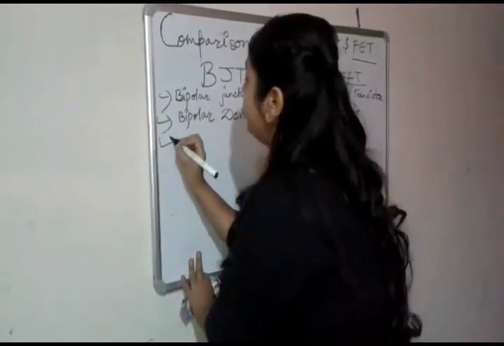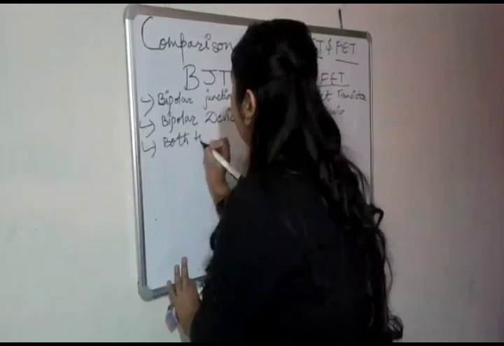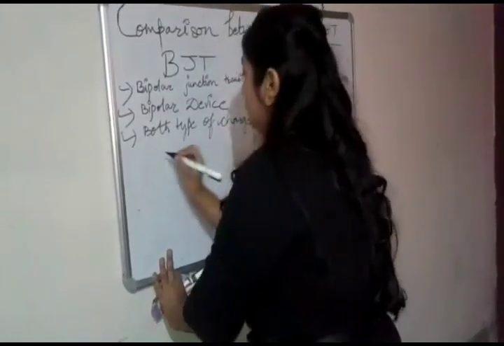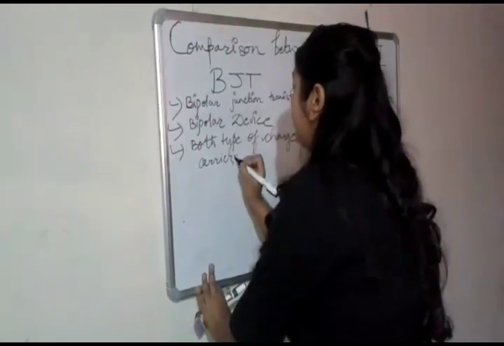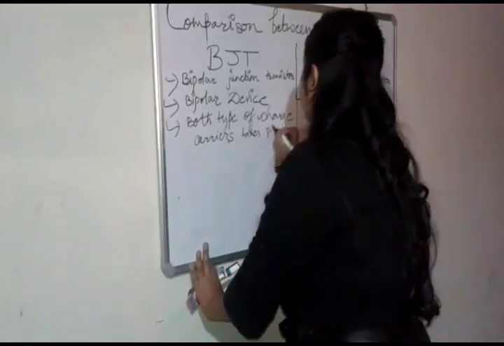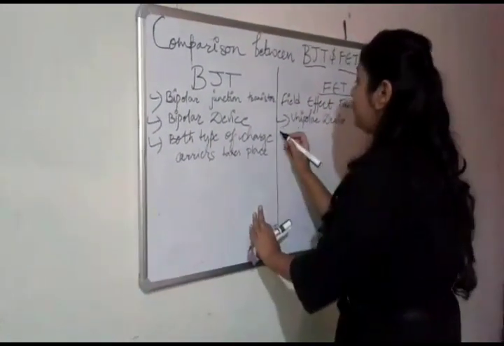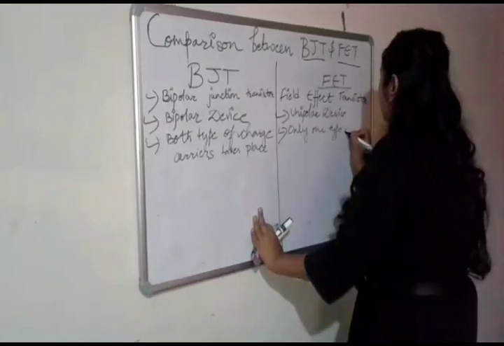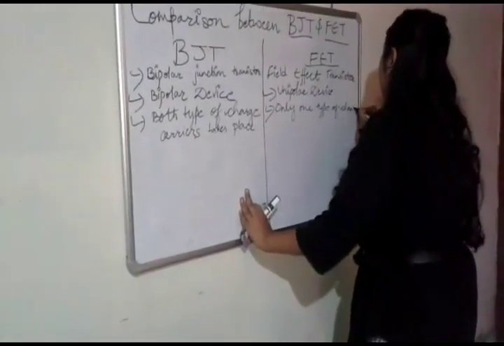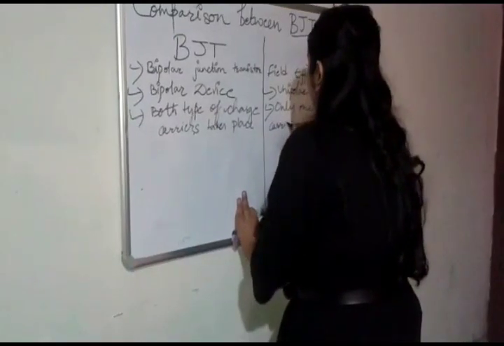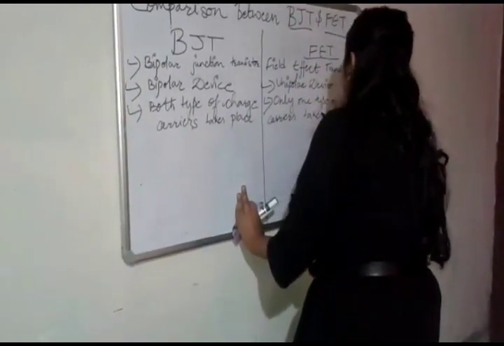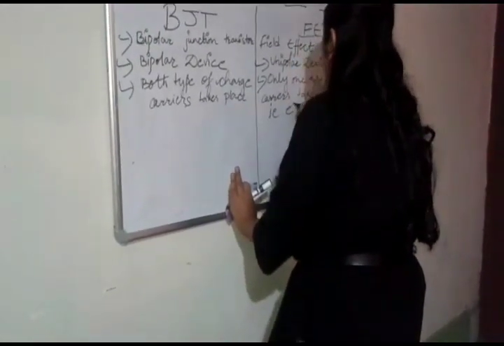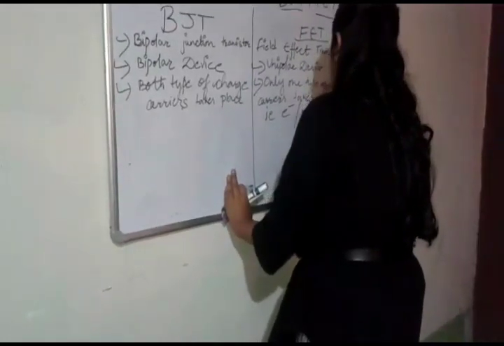In BJT, both types of charge carriers take part in the physical process, and in FET only one type of charge carrier takes part, that is either electrons or holes.